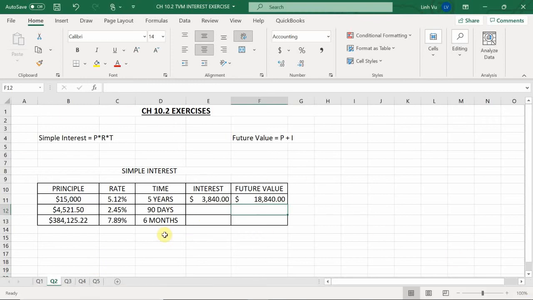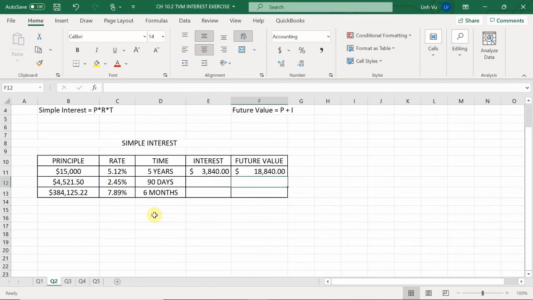Now in this case, I have my time frame as 90 days. If I'm supposed to do this in terms of years because my annual percentage is in years, I need to convert my numbers here.